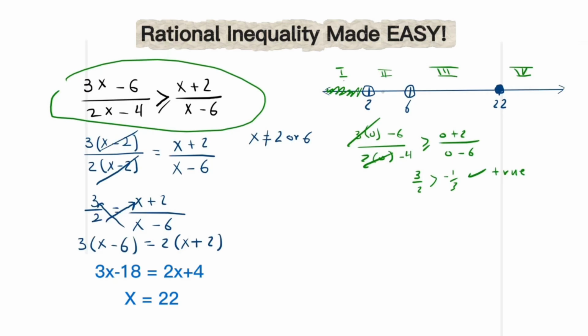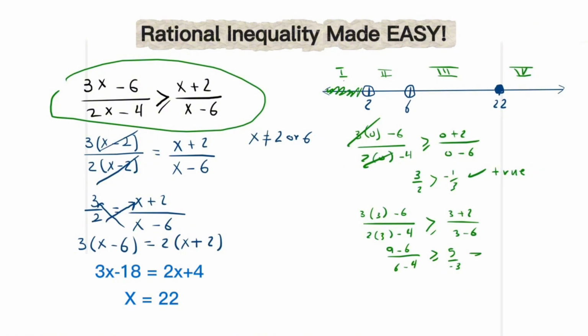Now, let's take a number between 2 and 6. Always stick close to the 2 or the 6. So I'll use the 3 for that one. So I'll have 3 times 3 minus 6 over 2 times 3 minus 4 is greater than 3 plus 2 over 3 minus 6. And we're going to solve this, of course. So when you solve this, you get 9 minus 6 over 6 minus 4 is greater than 5 over -3.